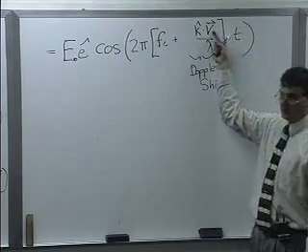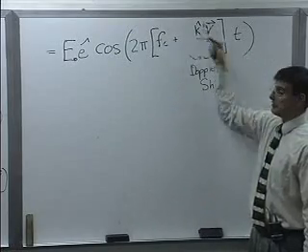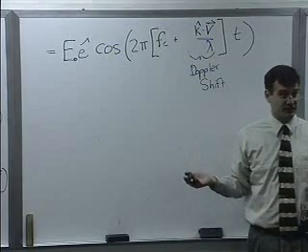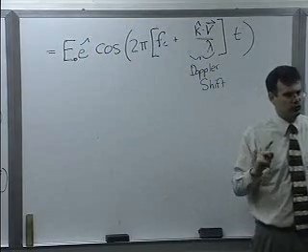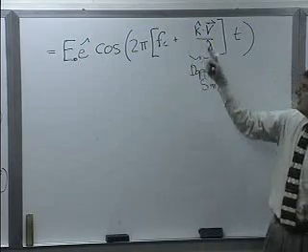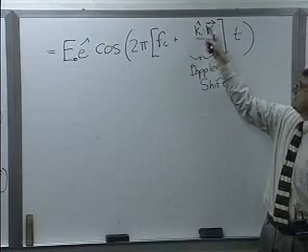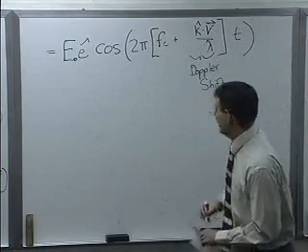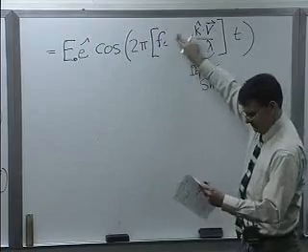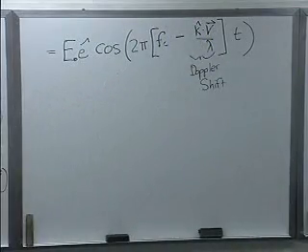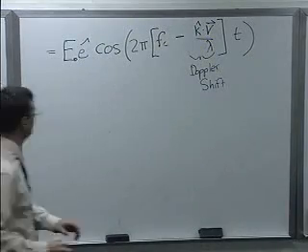It's also proportional to my velocity. So the bigger my V term gets, the bigger my shift should get. That's not really surprising. But it also depends on direction. In fact, the Doppler shift can be in 2 different directions. If my velocity of motion, oh, and I have to be careful here. This should be a minus sign, because I had a minus over on my other term.